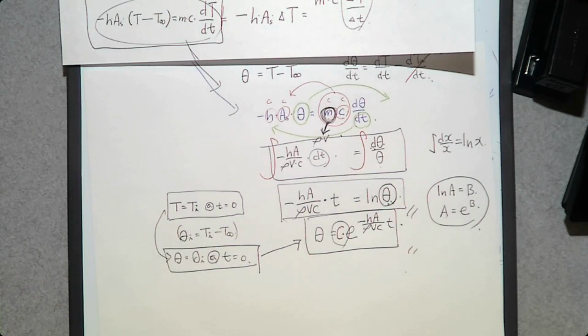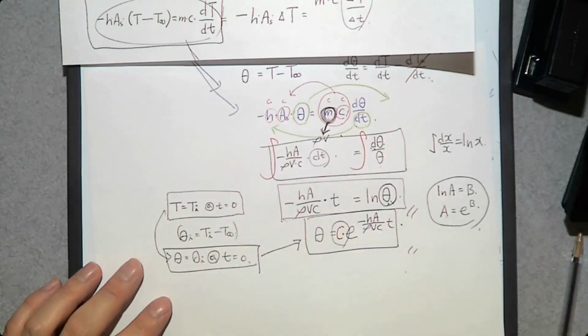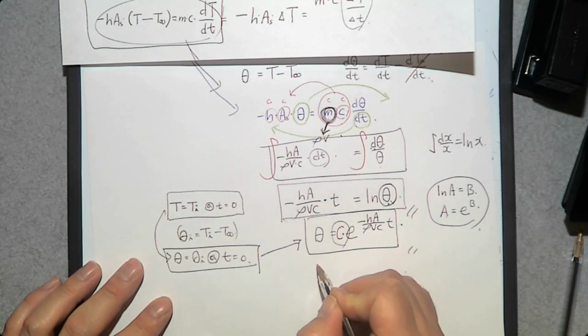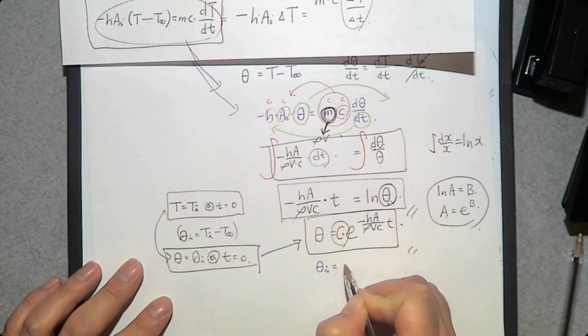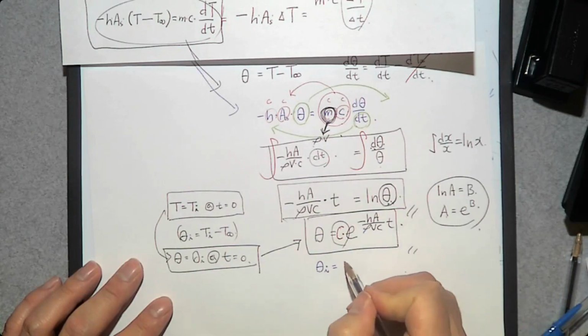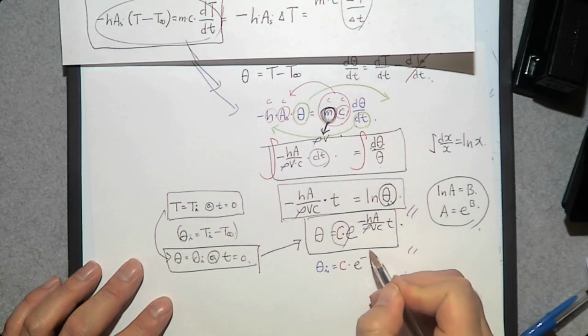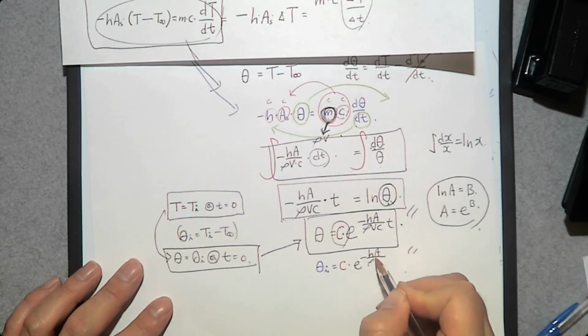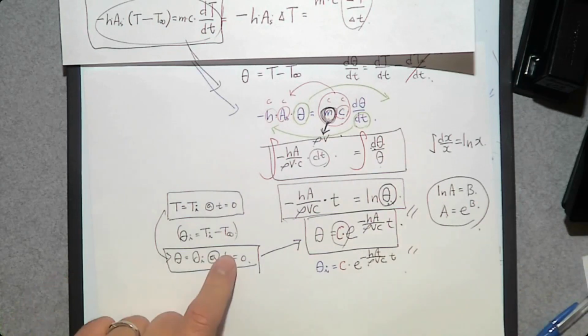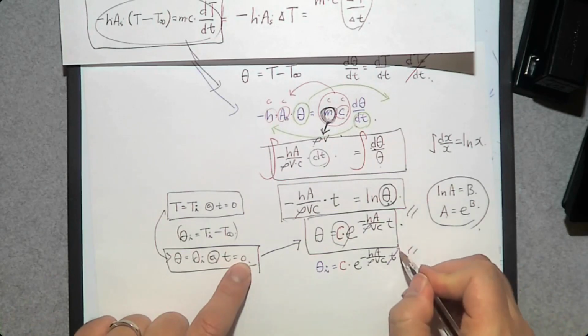Then let's substitute this 0 for T and theta I for theta. Then what do we get? Theta I is unknown constant C times e to the minus hA over rho VC T, but T is going to be 0.